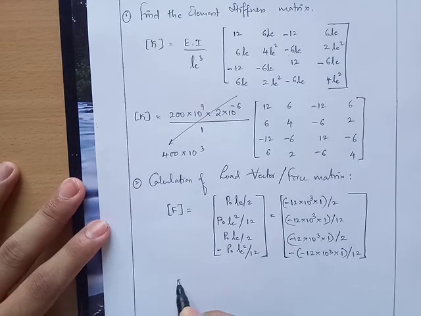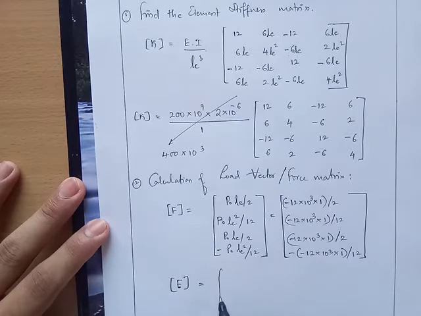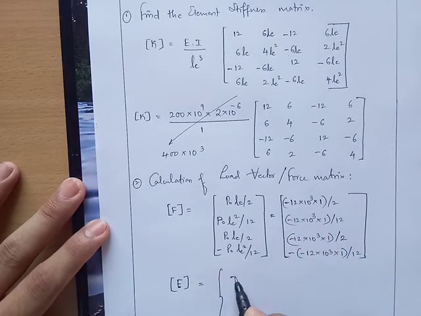So if you simplify, your force matrix will be minus 6 into 10 raised to 3, minus 10 raised to 3, minus 6 into 10 raised to 3 and 10 raised to 3.